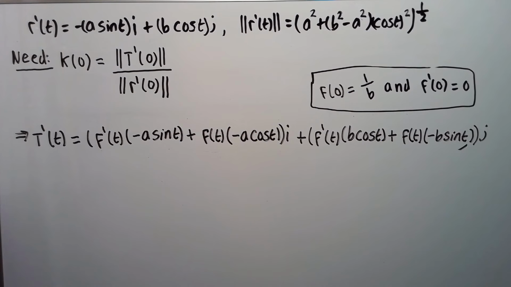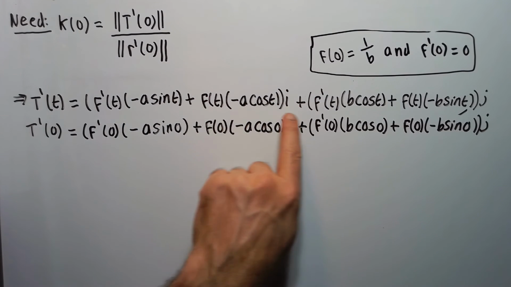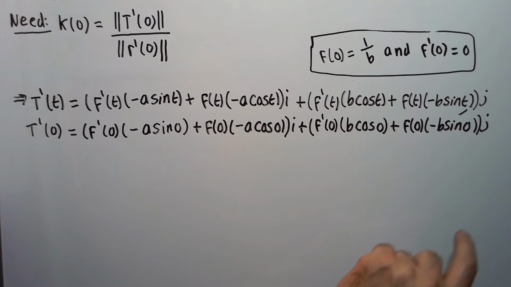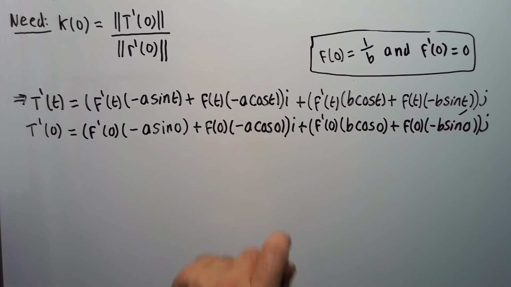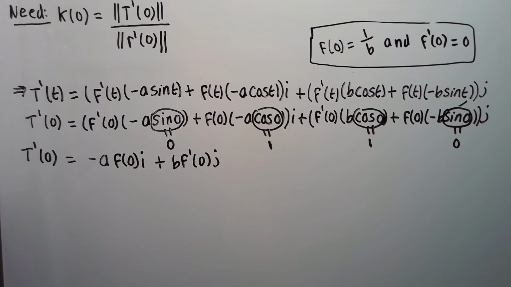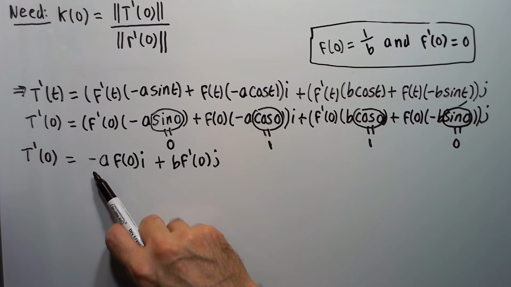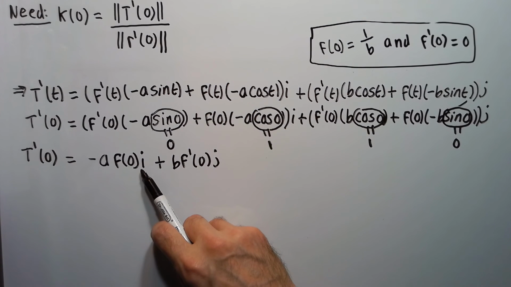So sticking 0 in place of t everywhere up here, we'll get this. And now use the fact that the sine of 0 is 0 and the cosine of 0 is 1. Making those substitutions, it'll just be negative a f of 0, because that's the only one that survives in the i component.